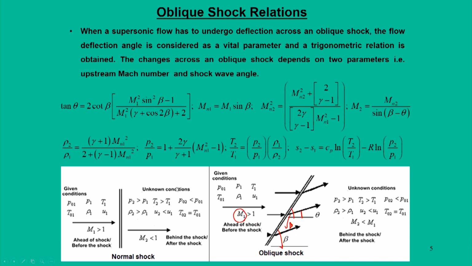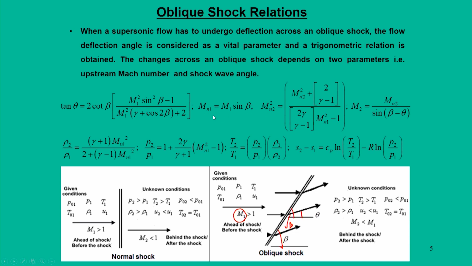So, for a given Mach number, if you want to calculate the shock wave angle, we need information on how the flow gets turned. Once you know this, we can correlate the oblique shock information with normal shock information by introducing the normal shock Mach number before the shock and after the shock.